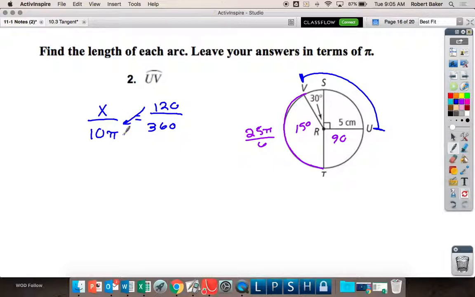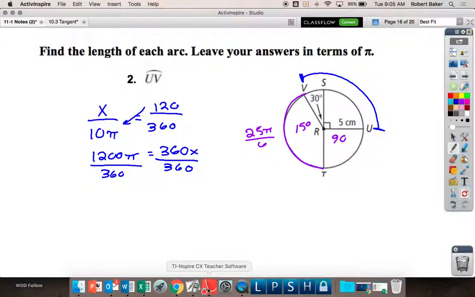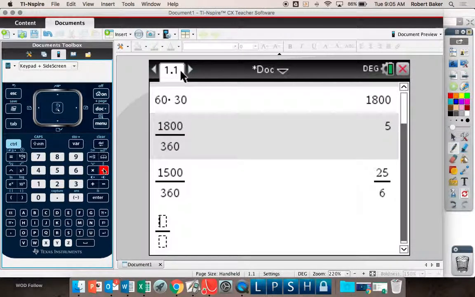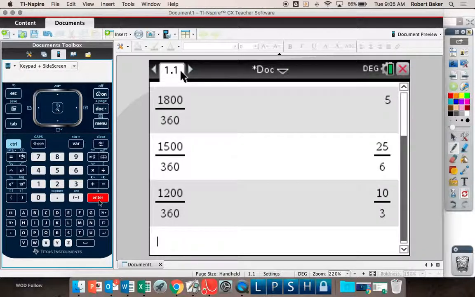10 pi times 120 is 1200 with a pi. X times 360 is 360x. What do we divide by? Divide by 360. Ten pi over 3.